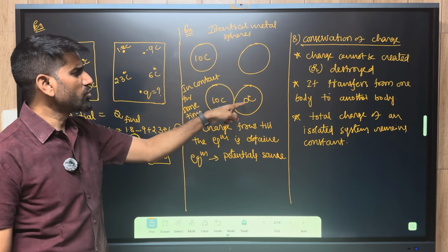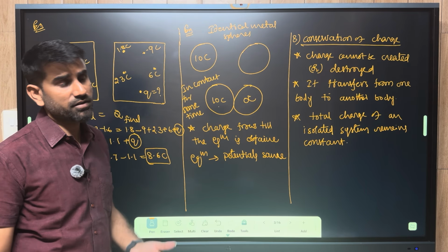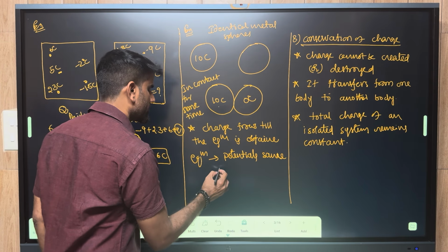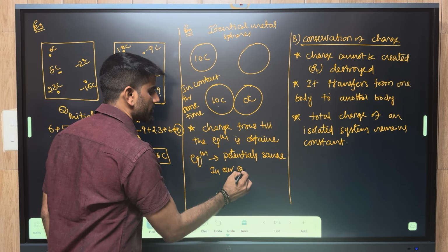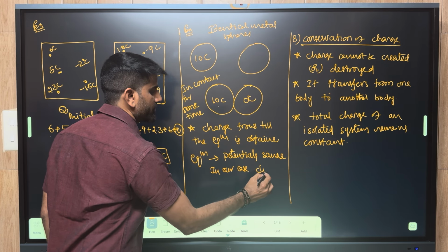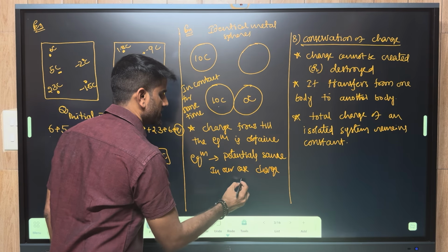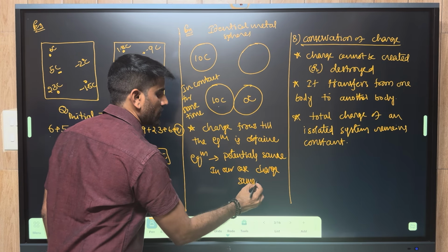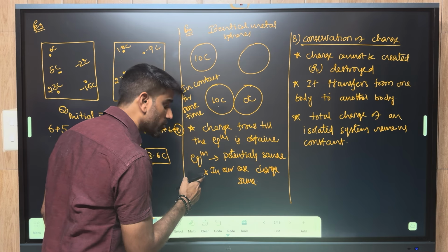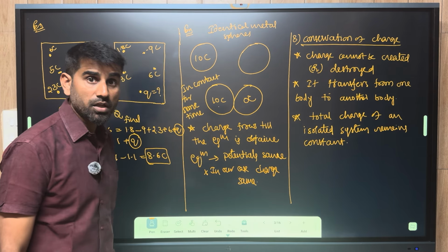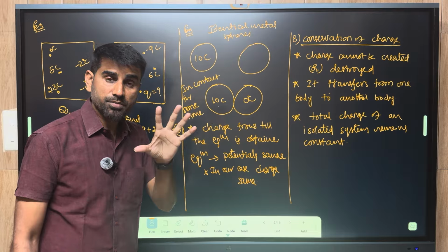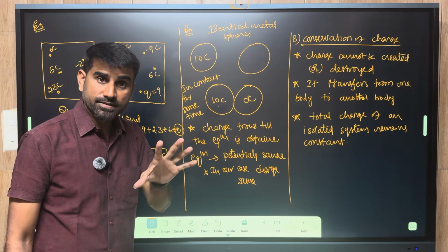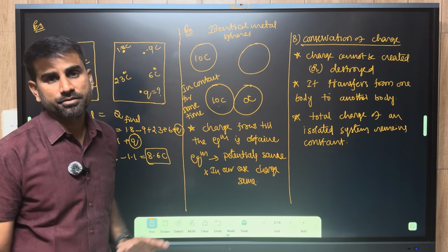As I have considered both objects as identical, in our case the charge is the same. So this may not be possible every time, unless the two objects are identical, same shape, same size, same material.